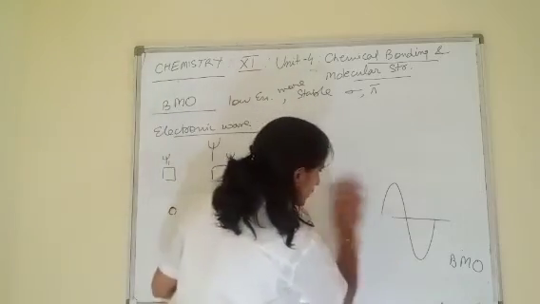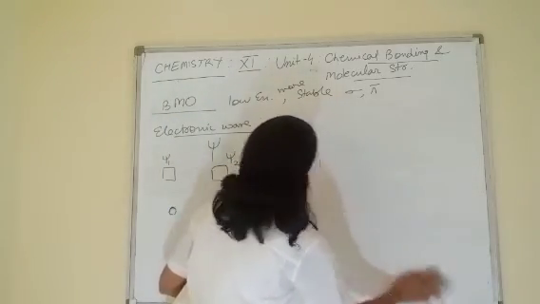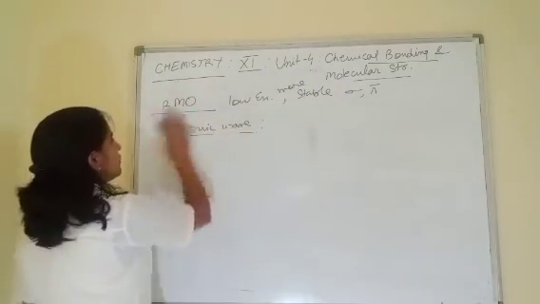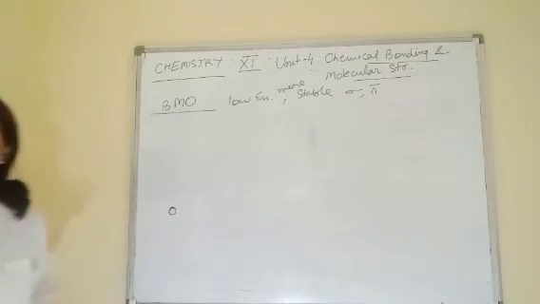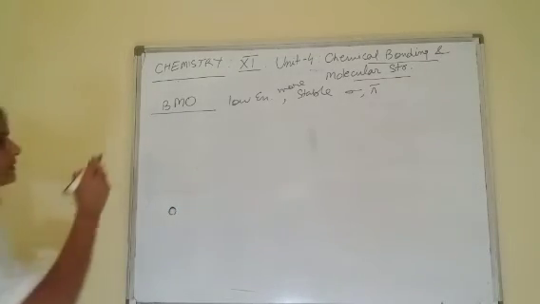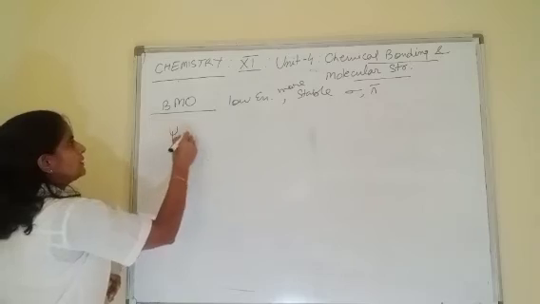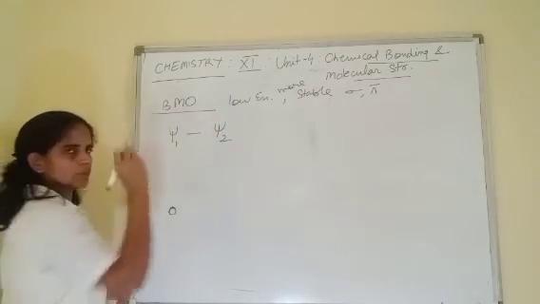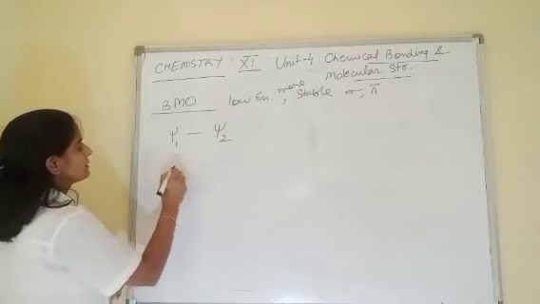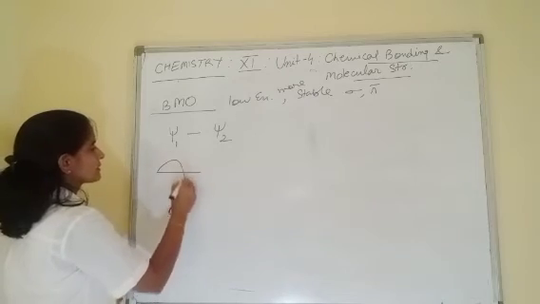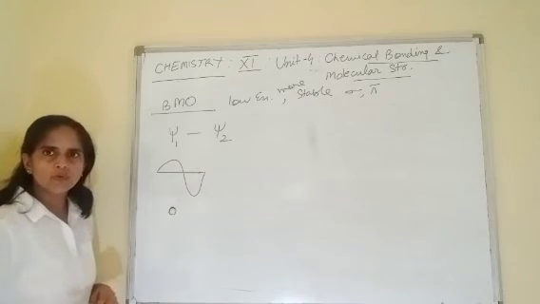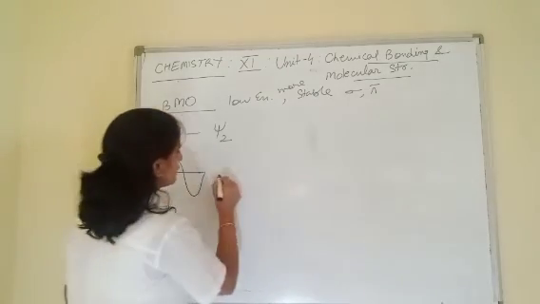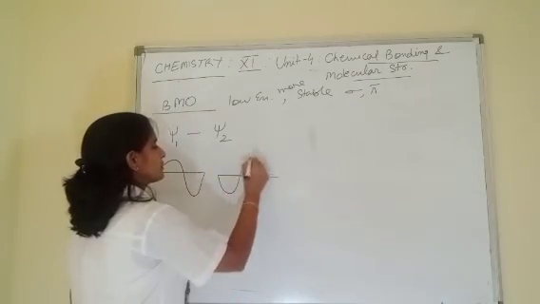When they cancel out each other, this is a type of destructive interference. Got it? It means psi 1 minus psi 2, like these two waves. This is the first one and then we have the second wave.